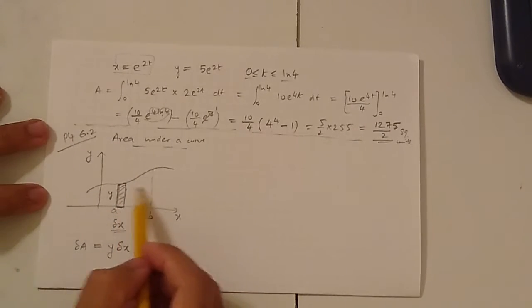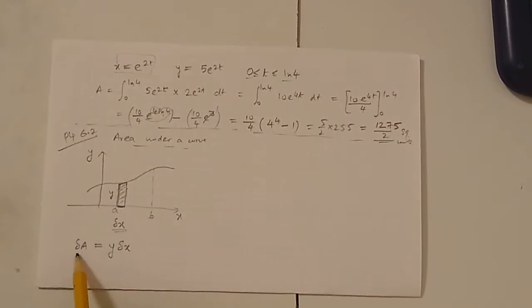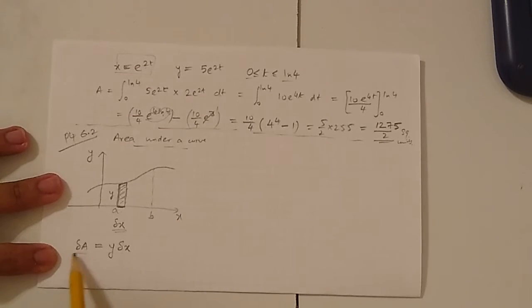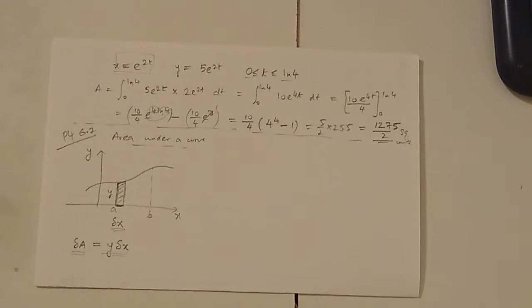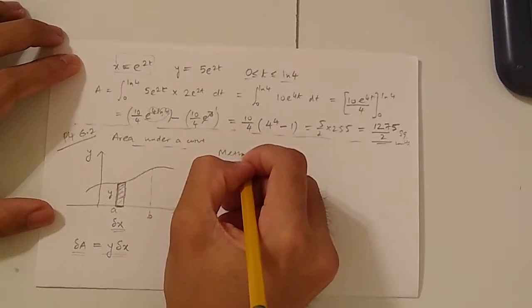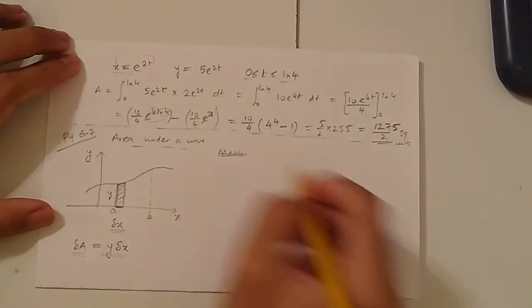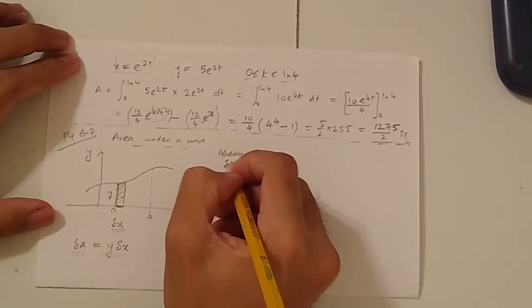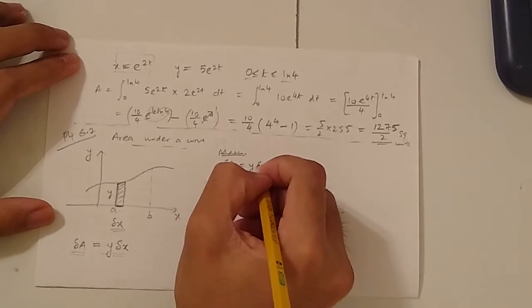We need to find the entire area over here, but we are doing just a small strip, and you can say that delta A is equal to y into delta x. Now from here you can move on in two ways. The first way is that you can say that delta A is equal to y into delta x.